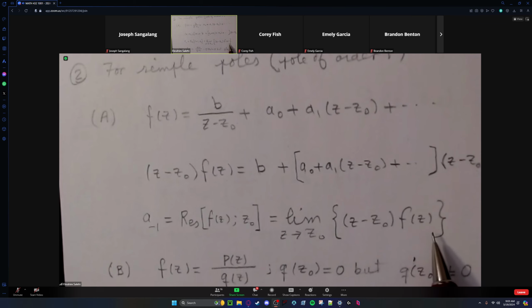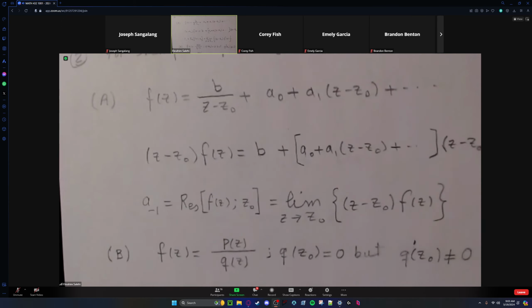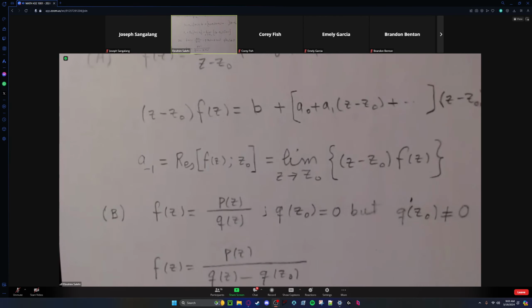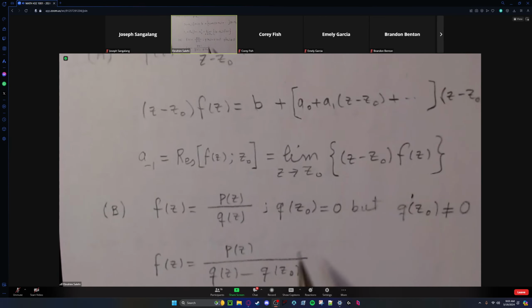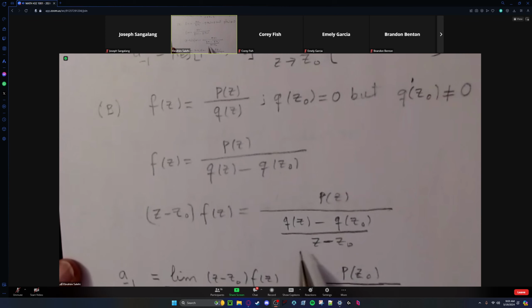There is another way of doing it, and that's when you are dealing with a quotient. Suppose z naught is a simple pole here, which means the denominator is 0 at that point. When you multiply by z minus z naught, you get this.